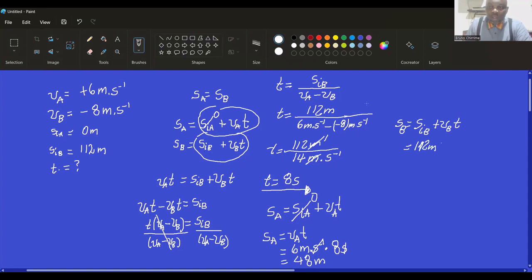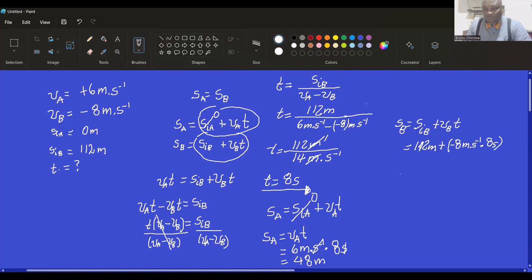Interesting. Now the time has been calculated. It's the 8-second mark. So we plug that in there, and again we remember to check out the units. We are adding 112 meters. So 112 meters, how can it add with meters per second? Something has to happen there for this to be coherent.